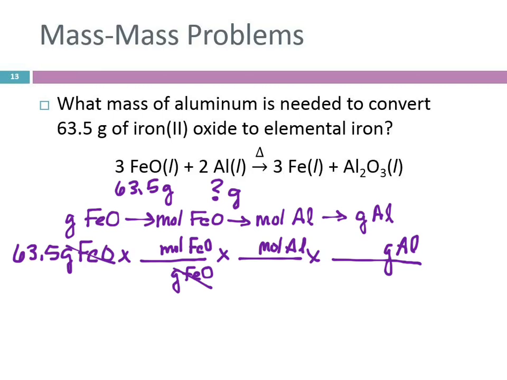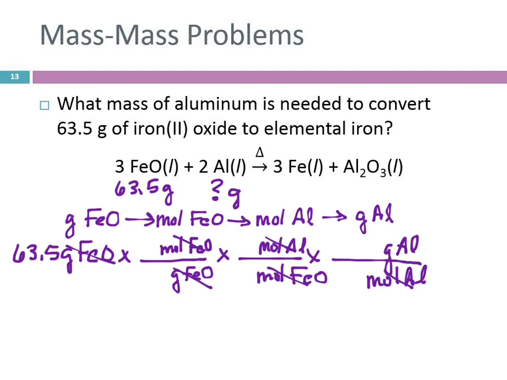Because you can't cancel grams of aluminum with grams of iron 2 oxide. Moles of FeO down there. That'll cancel the moles of FeO over there. And moles of aluminum to cancel those moles. All the units in first, and then we put in the numbers.